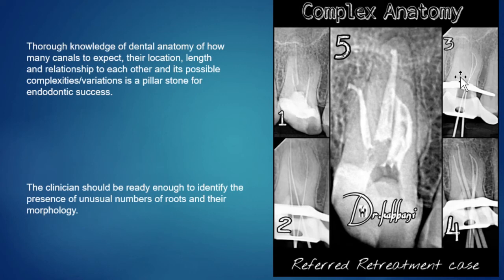Here I located the MB2 in the number 3 X-ray. And the amazing thing to me is to see this very complex anatomy after the obturation. See how the MB1 and MB2 are connected to each other at many points.